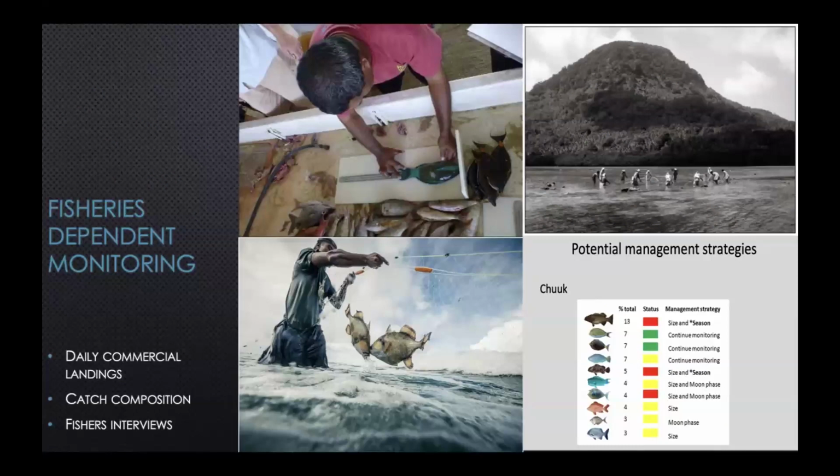We also had a recent fish market survey that had just been completed for Chuk, so we had this fisheries dependent data. We had information about daily commercial landings, catch compositions, and fishers interviews.